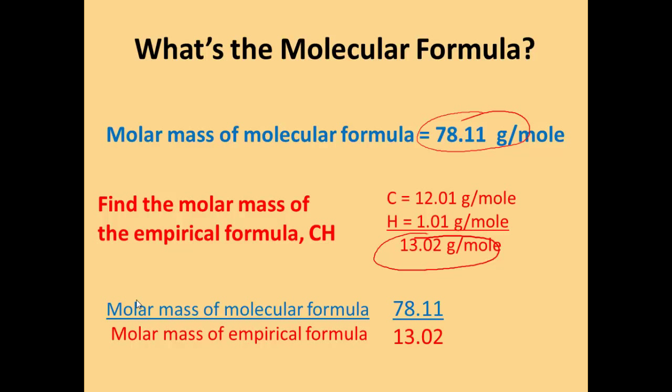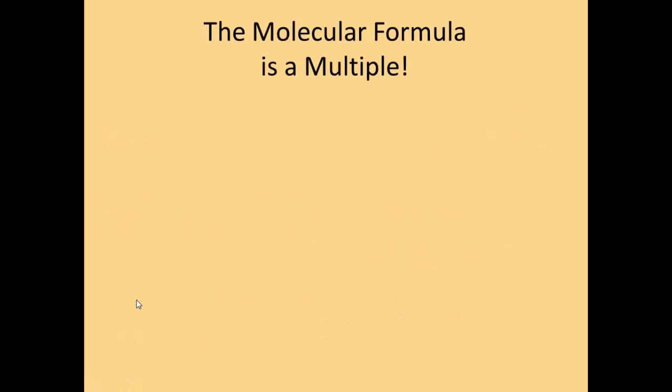When we compare the molar masses of the molecular formula to the empirical formula, we find out that the molecular formula is 6 times bigger than the empirical. This is great information. We know that the molecular formula is a multiple, and in this case, it's 6 times larger.